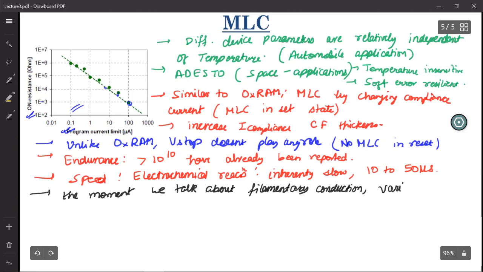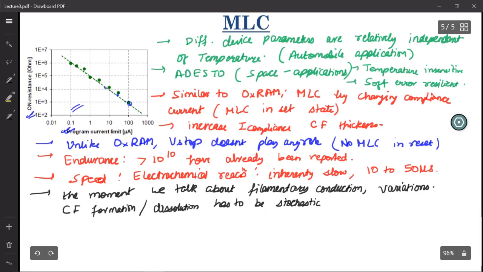Variations, right? Because it cannot be so that formation of filament and dissolution of filament are deterministic. So it's always the case that filamentary formation or CF formation or dissolution has to be stochastic.